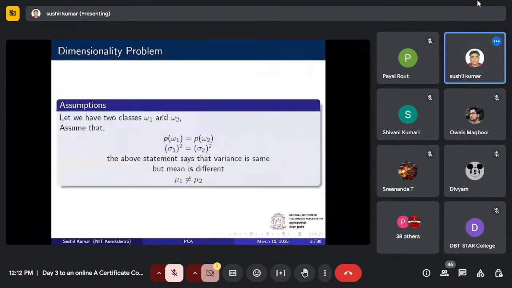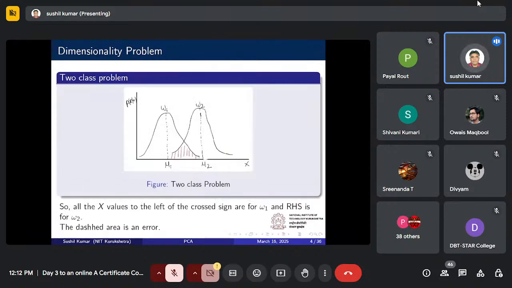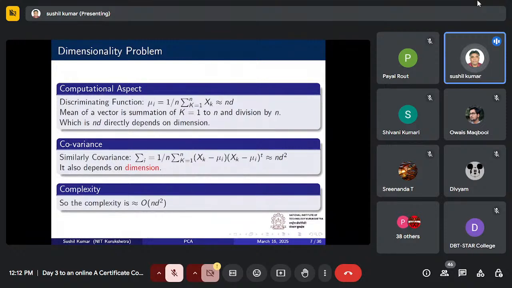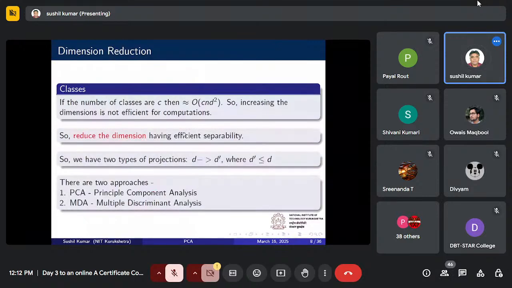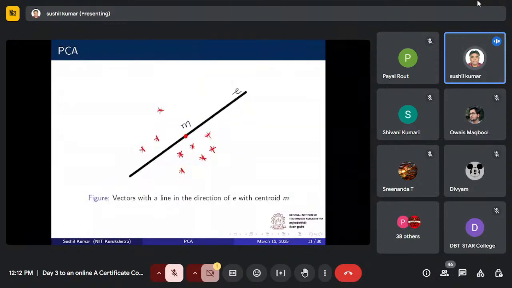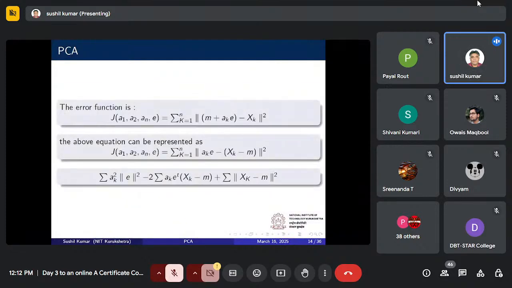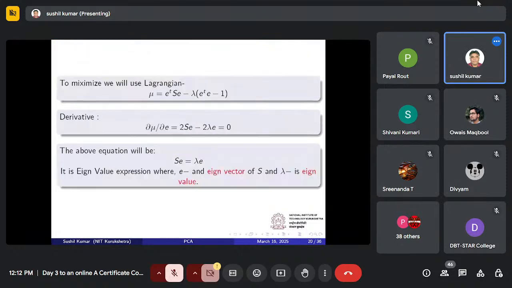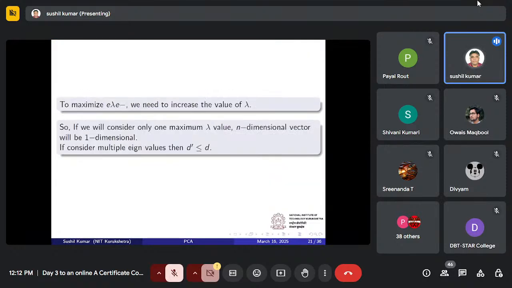So this is the PPT, whatever I have told you. Already we have discussed this part in detail. Just read this line here. I have written that if we consider only one maximum lambda value, then the n-dimensional vector will be one-dimensional.